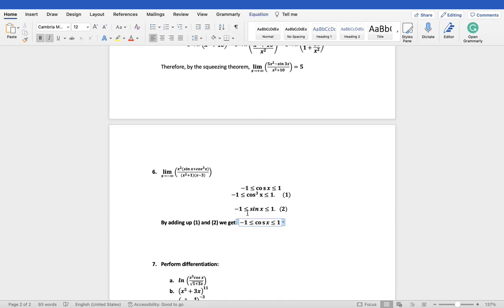So look at the left hand side: you have -1 plus -1, which is -2. In the middle, you have sine x plus cos cubed of x. And then on the right hand side, you have 1 plus 1, which is 2, right?